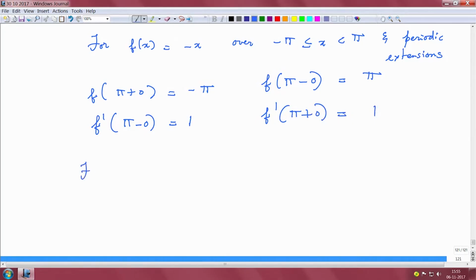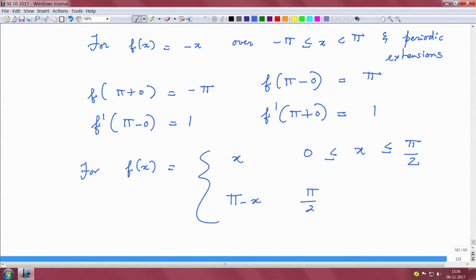Now, if you consider f of x equal to x for 0 less than or equal to x less than or equal to pi by 2, and pi minus x for x lying between pi upon 2 and pi, f dash of x is not differentiable at pi upon 2.